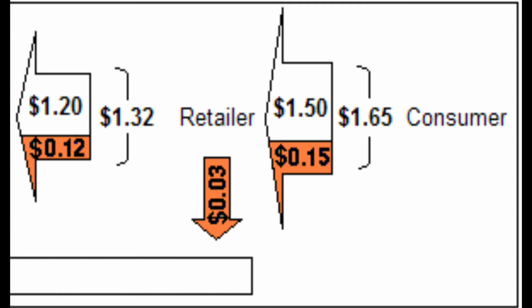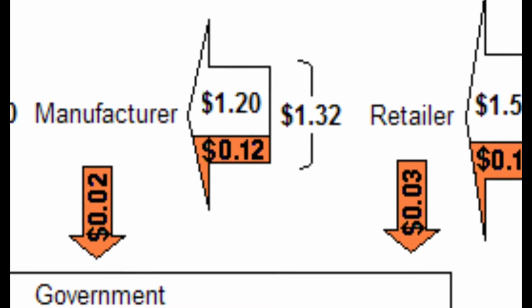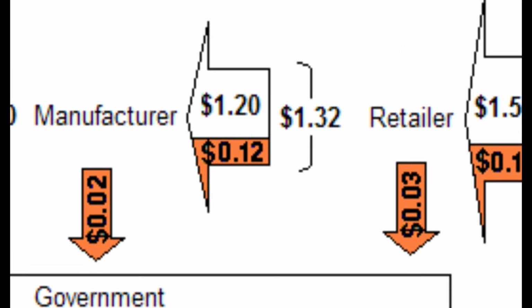But here again the retailer will not pay the entire $0.15 to the government treasury, but he will pay only $0.03, because remember in the previous step, here you can see, he already paid $0.12 in sales tax, which he was not liable to.